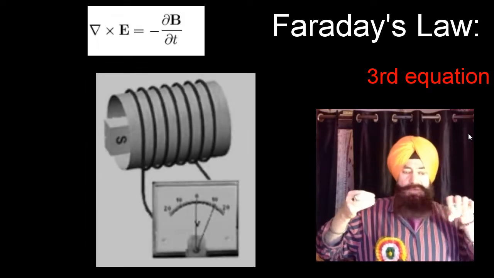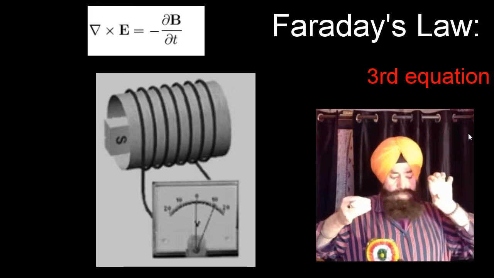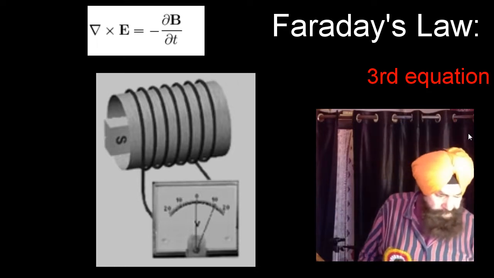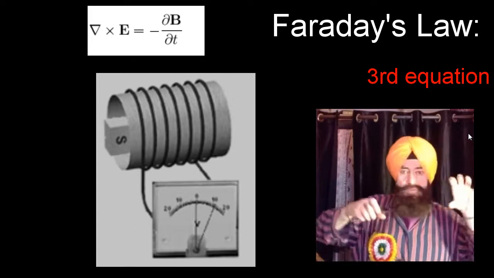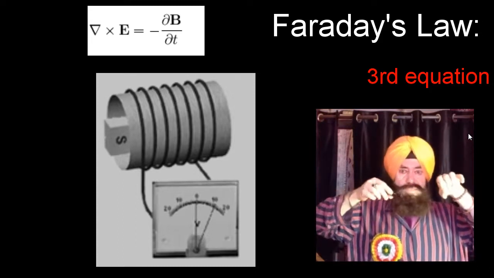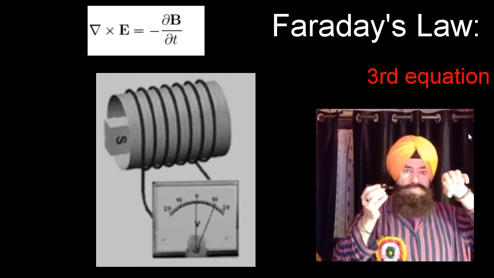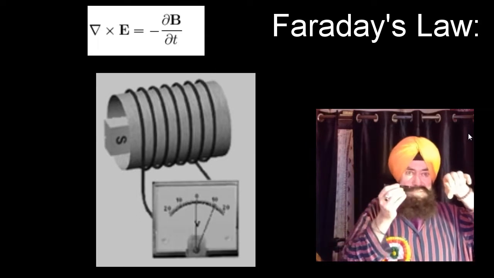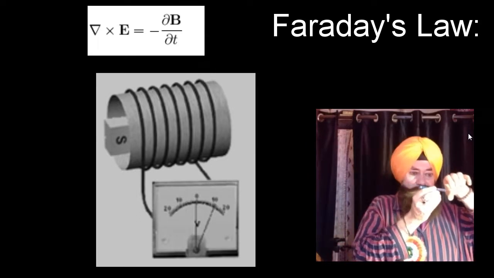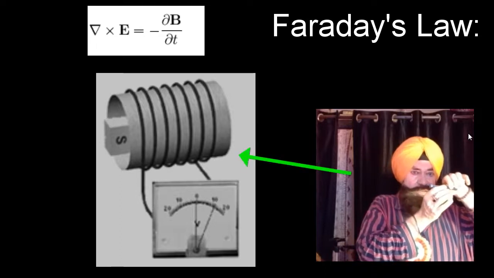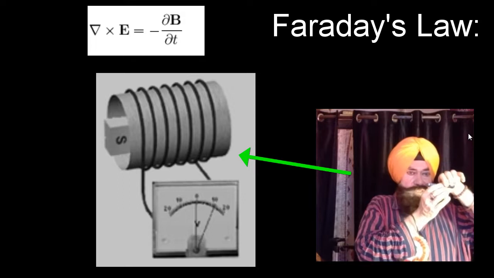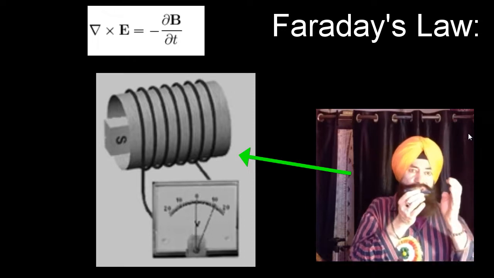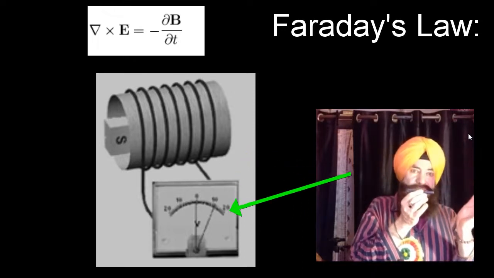Now, this is a coil, and this is a magnet. When I bring the magnet near the coil, even if it is moved inside, but it is not going to touch the coil, the galvanometer shows a deflection, and the pointer moves towards the right hand side.